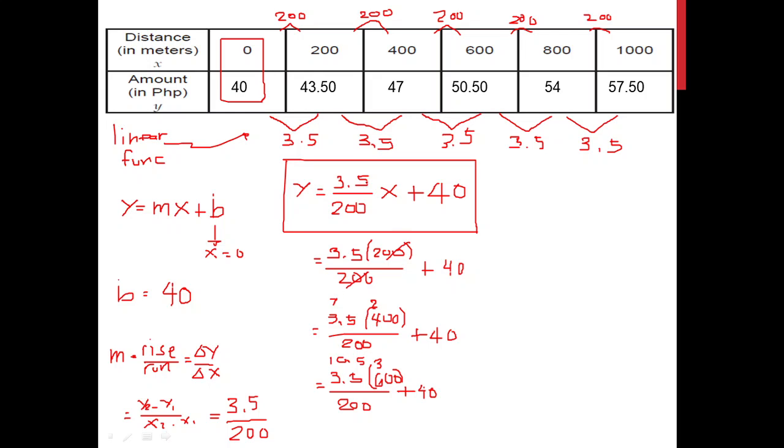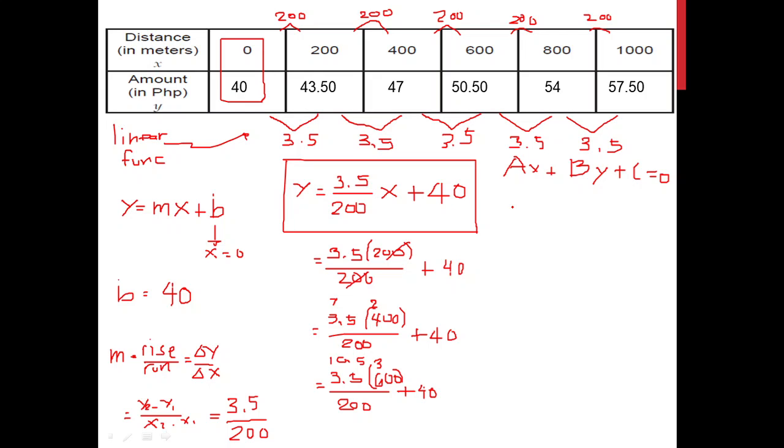Now, this one is our slope-intercept form of the equation. Now, how do we transform this into the standard form, Ax plus By plus C equals 0? Again, we need to transpose everything to the other side of the equation.